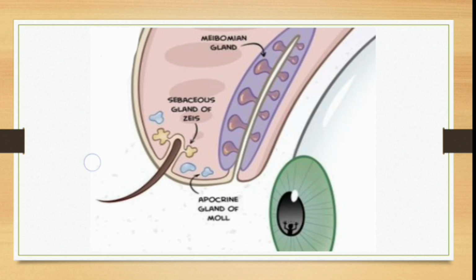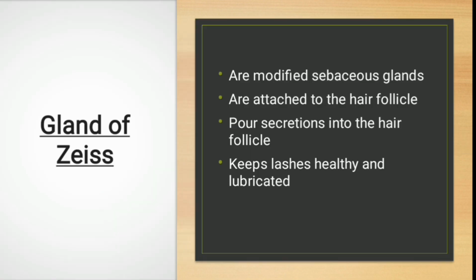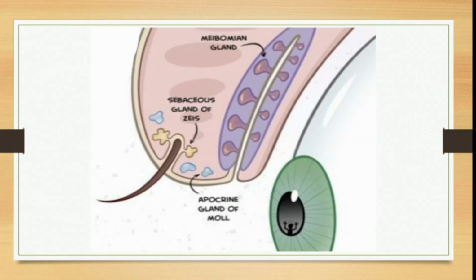Now they pour secretions into the hair follicle. At the base of the eyelash is the hair follicle, where the gland of Zeis is attached, and it produces the secretion onto the hair follicle.